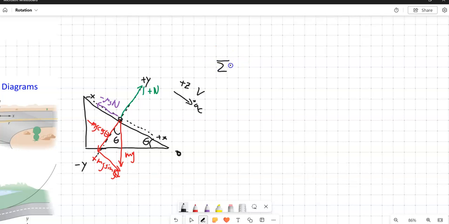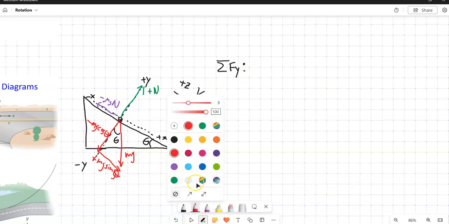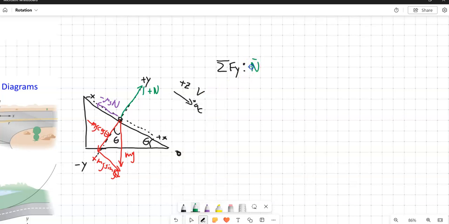Let's sum our forces. Let's sum our forces in the y direction first. I always teach you guys, if you have friction, you probably should sum the forces in the y direction first. So here we're going to have normal force pointing up.